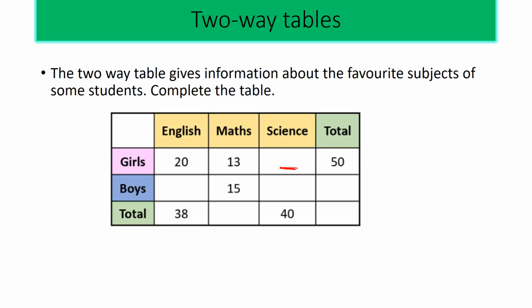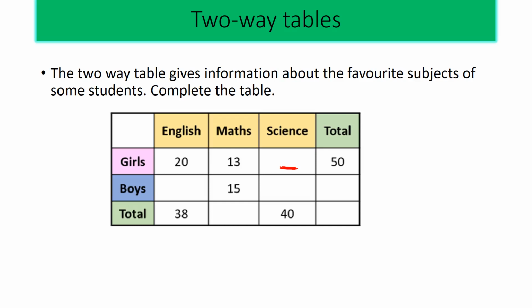That means that when we add all the girls doing English, maths and science, for the ones that those subjects are their favorite subjects, we must get 50. So to work out this missing value, we should add 20 and 13, which is 33, and now subtract it from the total, which is 50.